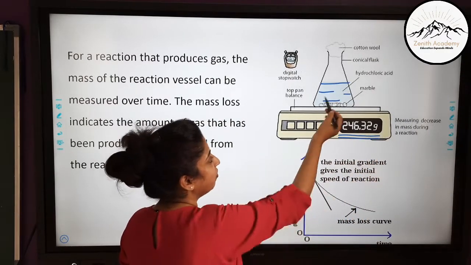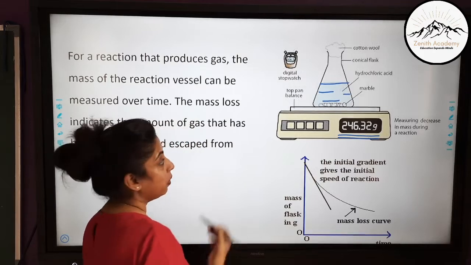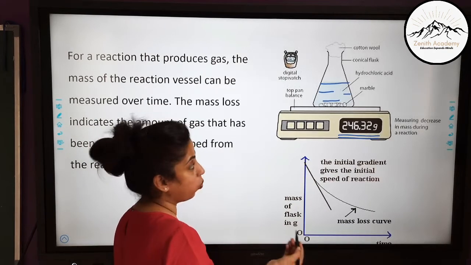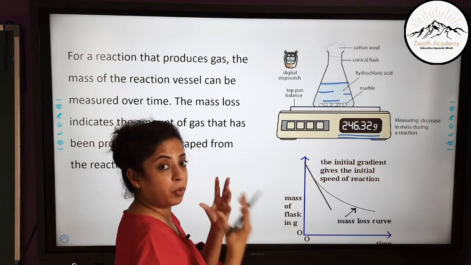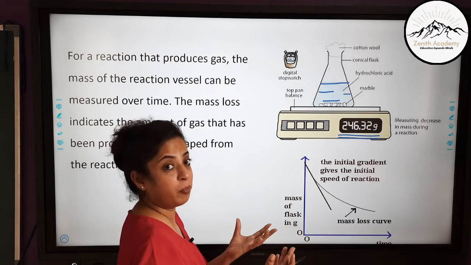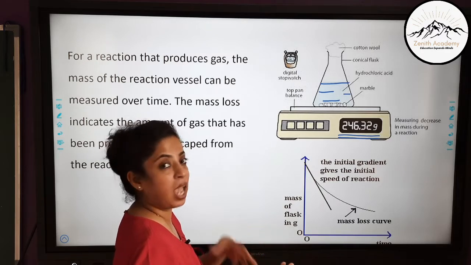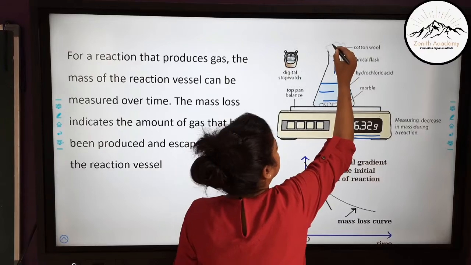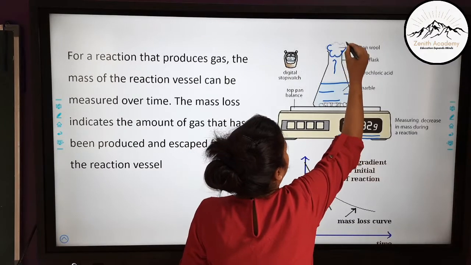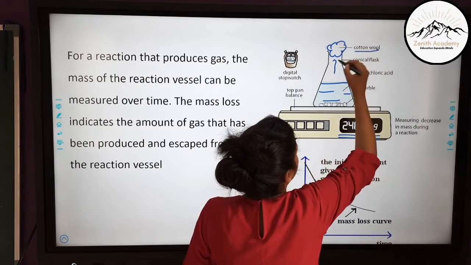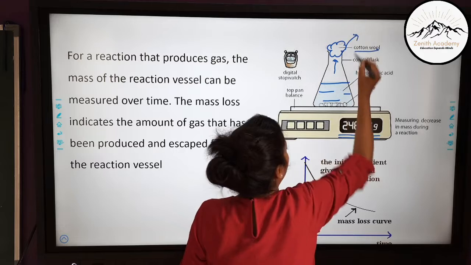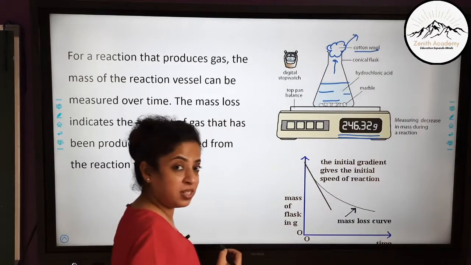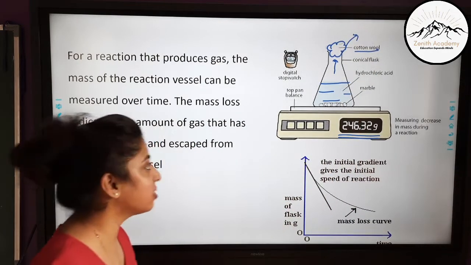Initially it will be the mass of the reactants. Now when the reaction proceeds, what happens? There will be some products formed, and if one of the products is maybe a gas like carbon dioxide, it will escape out. We have kept here a cotton wool so that gas can still escape out, but the other product or the reactant remains inside.